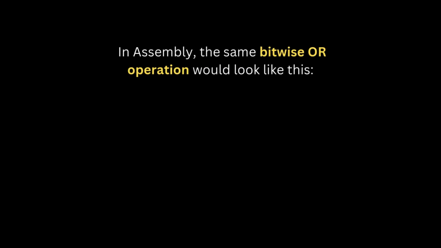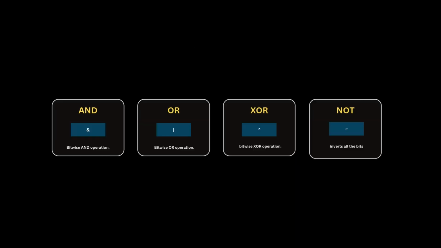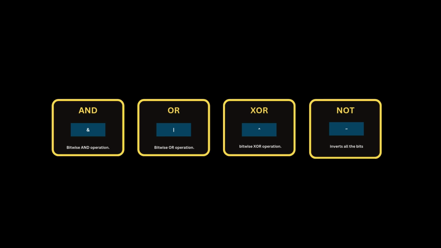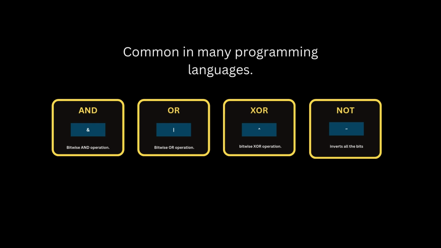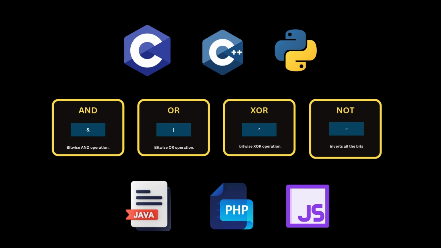In assembly, the same bitwise OR operation would look like this. The OR instruction sets bits in the AX register wherever the corresponding bits in BX, the mask, are 1. These bitwise symbols, AND, vertical line, caret, wavy line, are common in many programming languages like C, C++, Python, Java, JavaScript, and PHP.